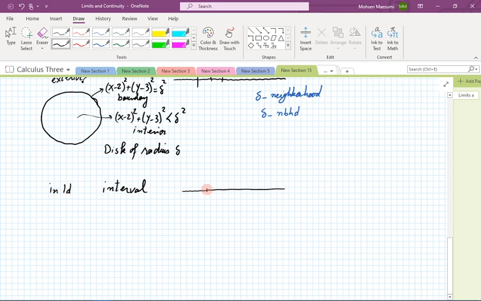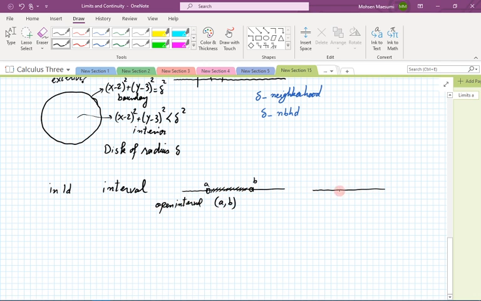You start from some place and end at some place. Let's call this A and B. If you are excluding A and B, you put an empty circle there, and perhaps you color the interior. Then you have this set of numbers which you refer to as an open interval. So an open interval excludes the endpoints.